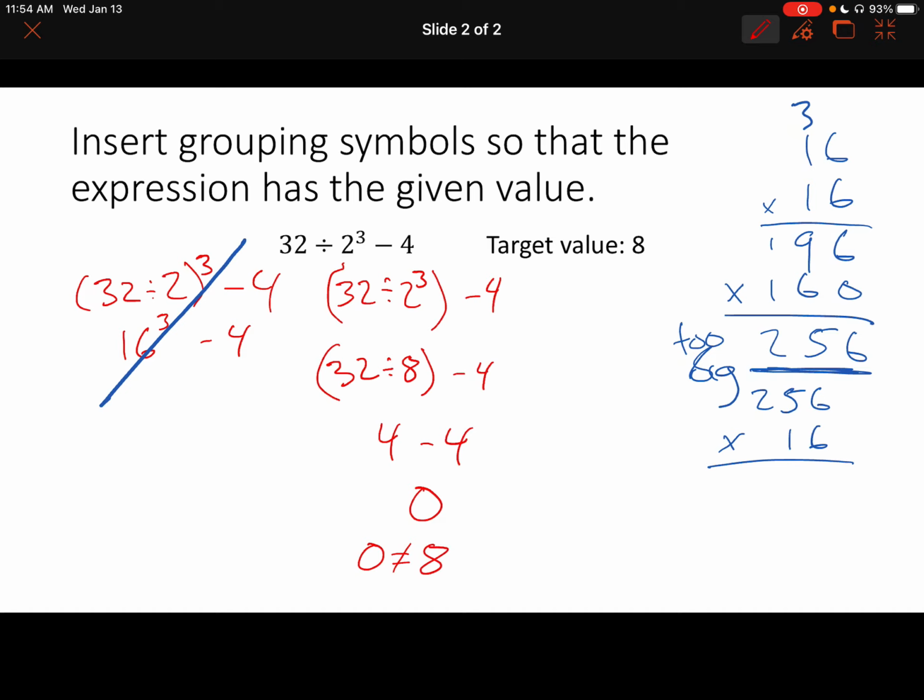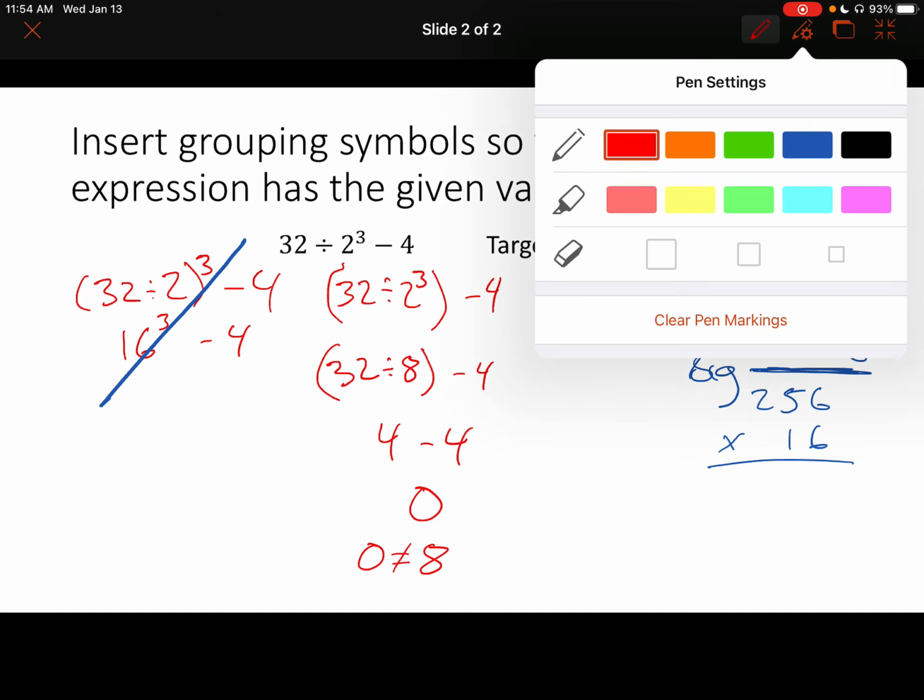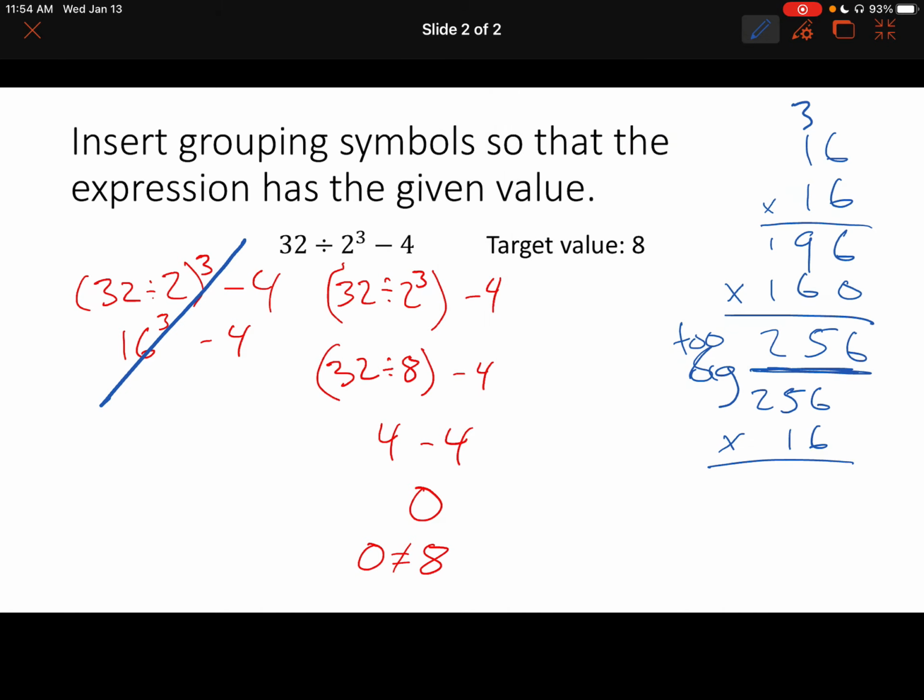We're not going to do the division, we're going to do the power first. 2 to the power of 3 is 8, so we have 32 divided by 8, inside parentheses, minus 4. Then 32 divided by 8 is 4. Drop the parentheses, 4 minus 4 is 0. And 0 does not equal 8. So this one is also no good.